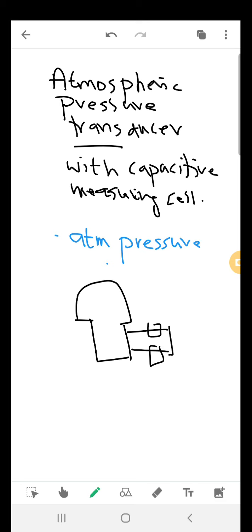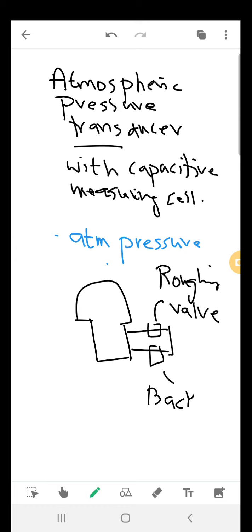This is called the roughing valve, and this one is called the backing valve. These two valves are attached to the pump. This is where the pump is.